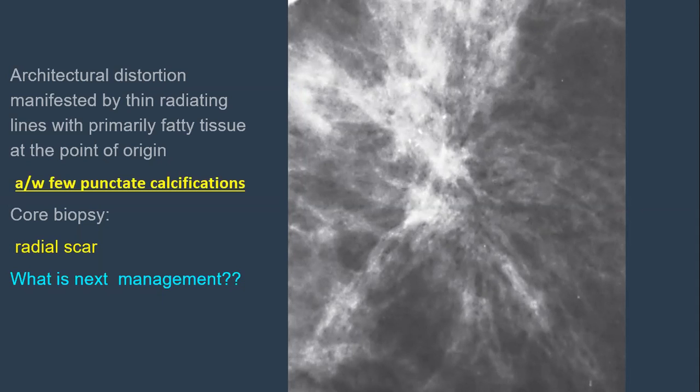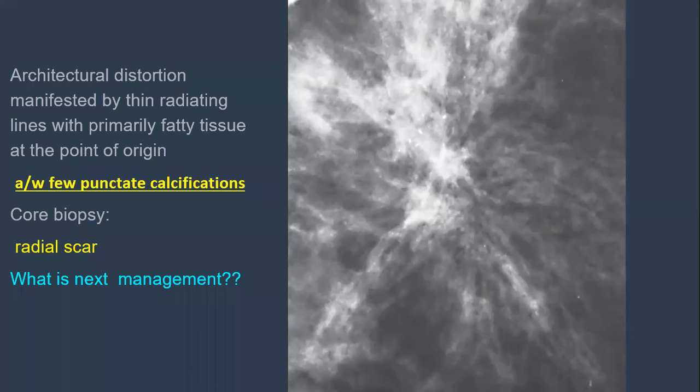The complex sclerosing lesion, radial scar, as we mentioned, and sclerosing adenosis, and something called columnar alteration with prominent atypia, something like that. I don't remember exactly, but these are the lesions you see in the core biopsy.